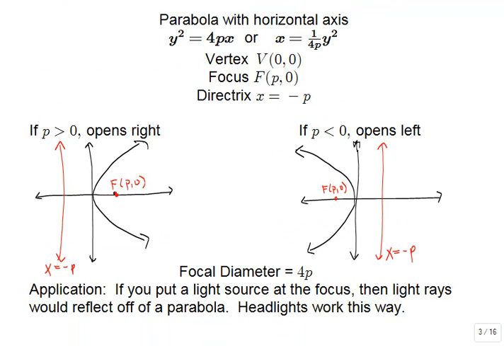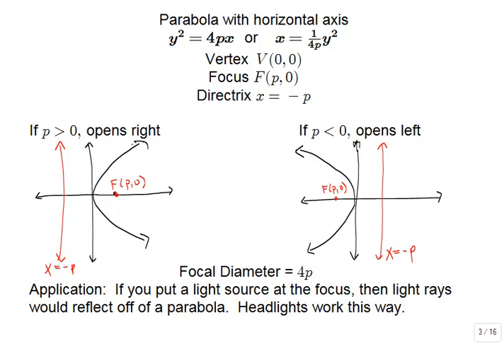Now what if we have a parabola that's not going up and down but has a horizontal axis, so side to side? Then its equation will look very similar, but this time it's the y that's being squared instead of the x. So we get y squared equals 4px, or x equals 1 over 4p times y squared. Still our vertex is going to always be centered at the origin, but this time our parabolas will be either opening to the right if p is positive, or to the left if p is negative.